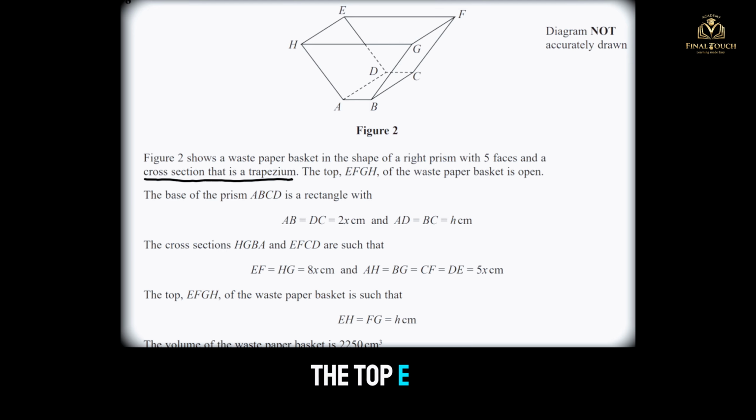The top EFGH of the waste paper basket is open. The base of the prism ABCD is a rectangle with AB and DC being 2x centimeters, whereas AD and BC are h centimeters.